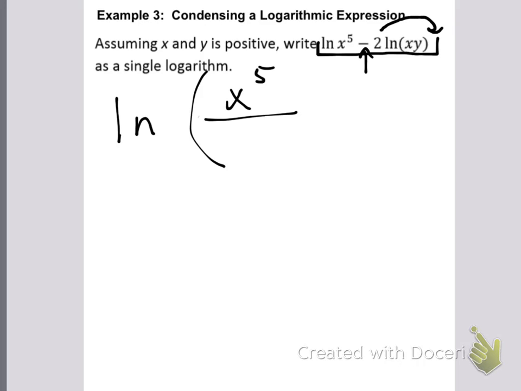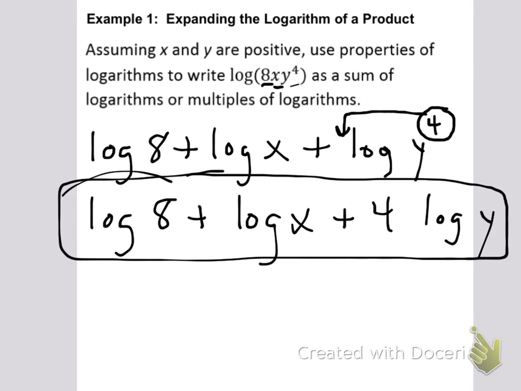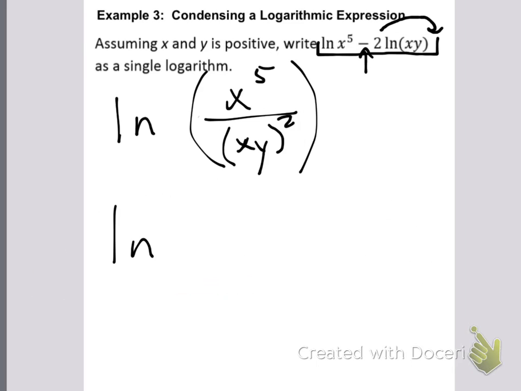This 2 in front means that I'm going to have xy to the 2nd power. Okay? So we have to put it back where it was. Now, to simplify this even further, okay, and actually we can do a little bit more with this one. I'll go back to this one in a second.